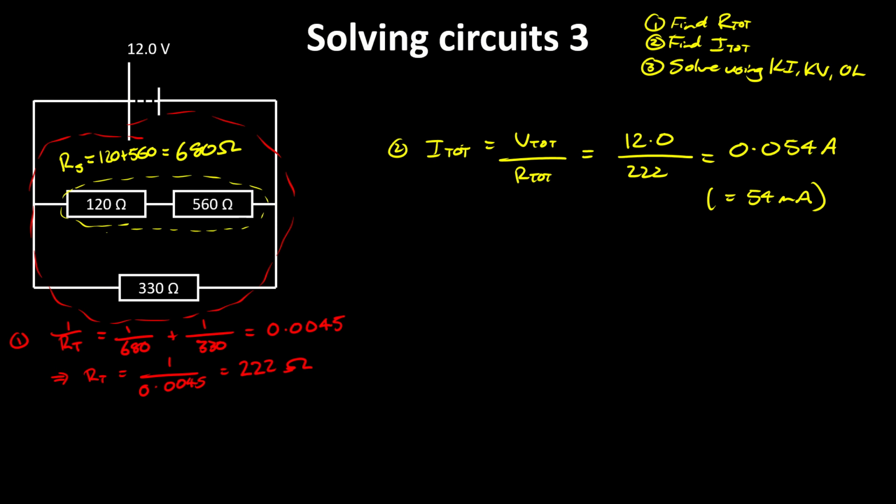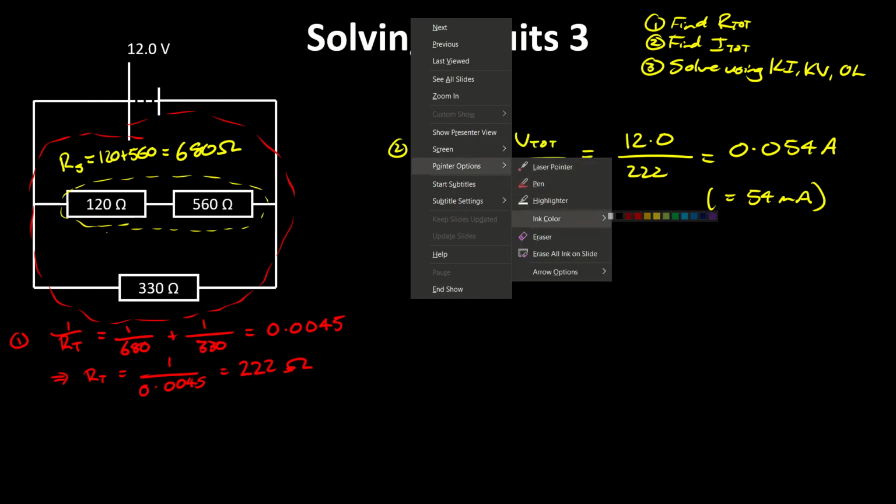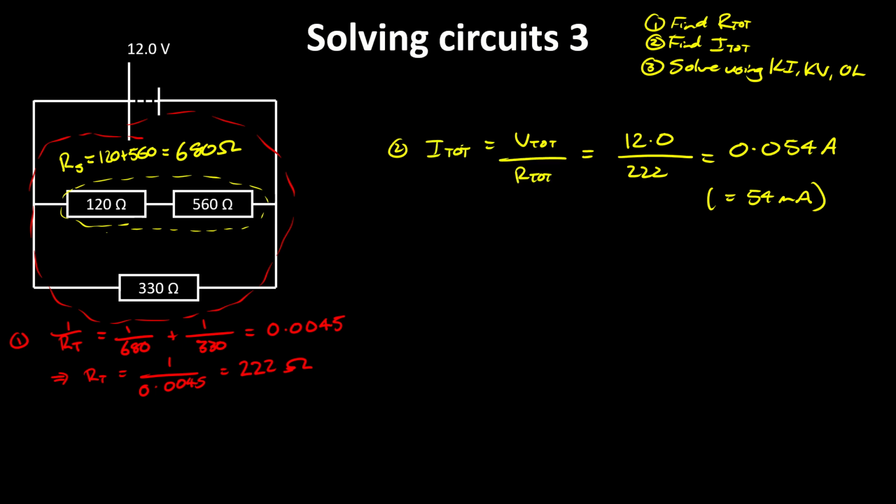Now, the first thing I would look at this and think is, okay, we don't know the voltage across either of those resistors, like the 120 or the 560, but we do know that the voltage across the 330 ohm resistor is, changing color. I'll call this one V3.